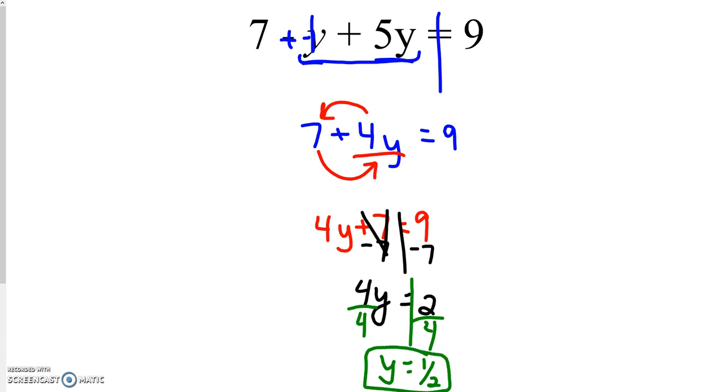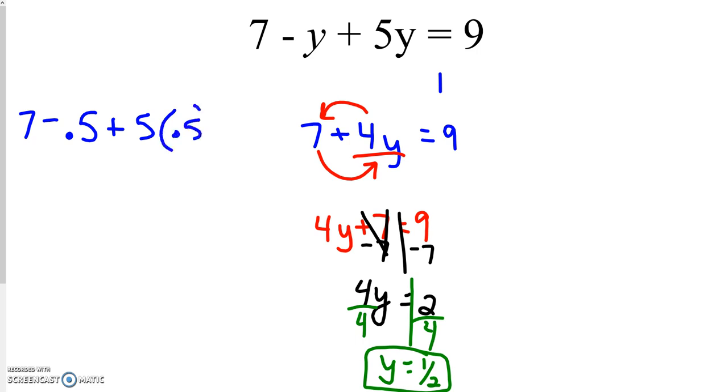And again, if you're unsure if you're right, go back to your original problem and substitute and see if that works. 7 minus y, and I think y is 0.5, or a half, plus 5 times y, and I think y is 0.5, or a half. I hope that will equal 9.